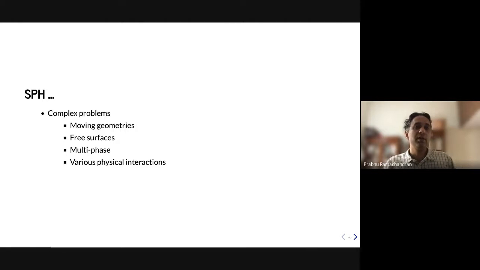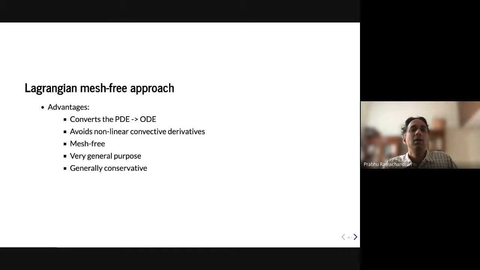So the good things with this method are, again, as I mentioned before, you can do moving geometries, you can do free surfaces, you can do multi-phase problems, and you can incorporate various physical interactions as well. It is a Lagrangian mesh-free method, and therefore the advantage is that you essentially convert a PDE to an ordinary differential equation, which is much easier and much more tractable.